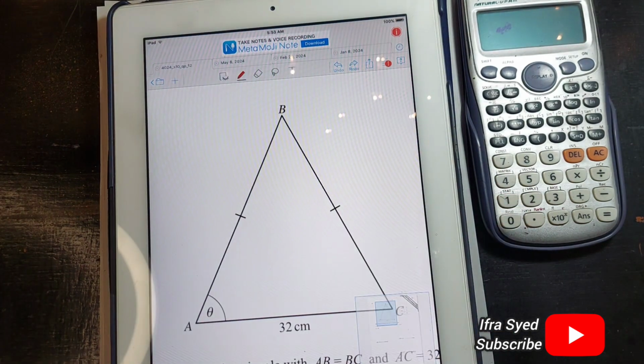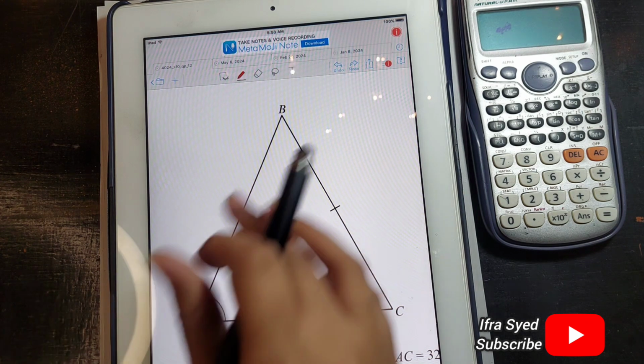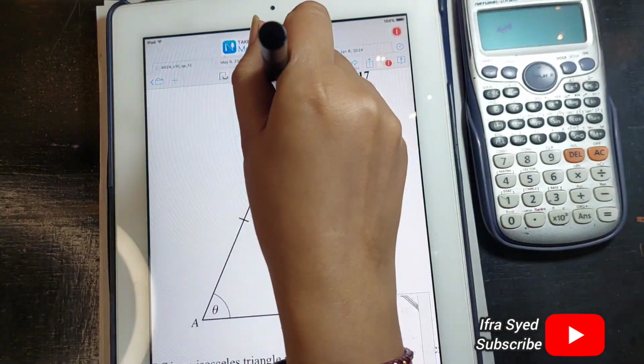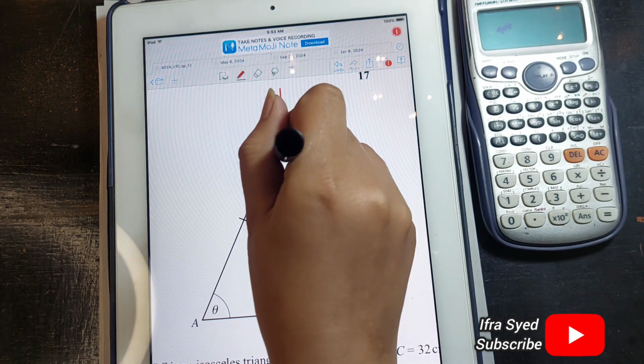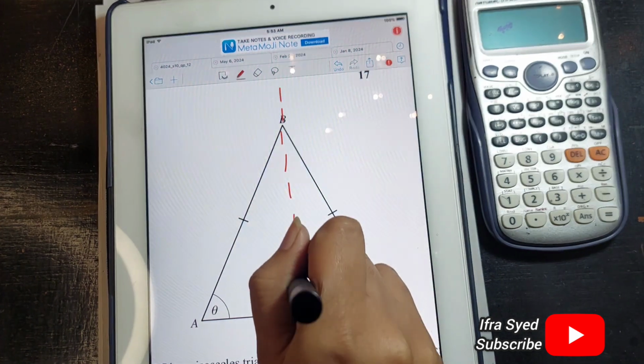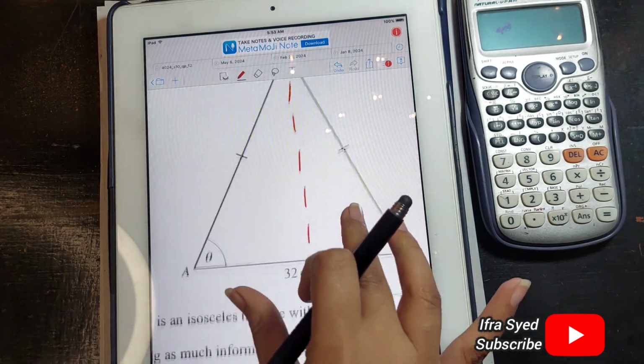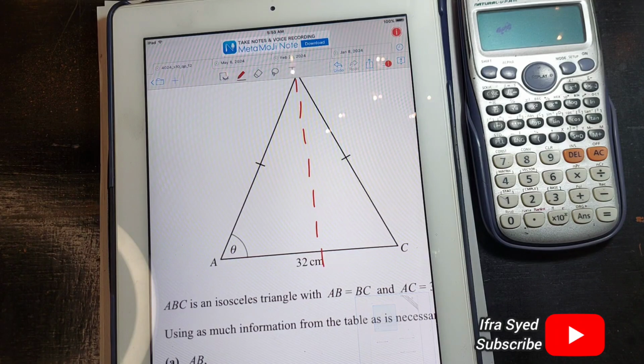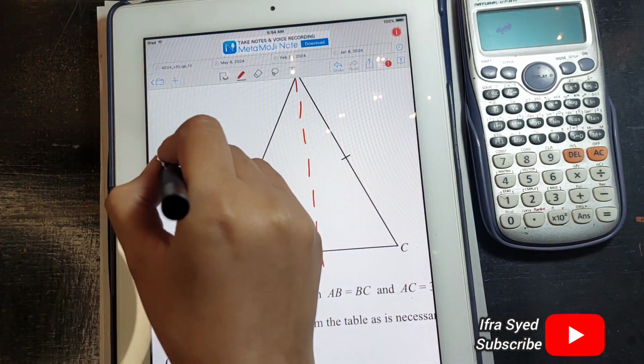In the question it is not written that we need to draw a proper bisector, so that's why I'm drawing a rough bisector of this AC. So this is the bisector of this line AC. If we bisect this line AC into two parts, we also divide this 32 by 2.